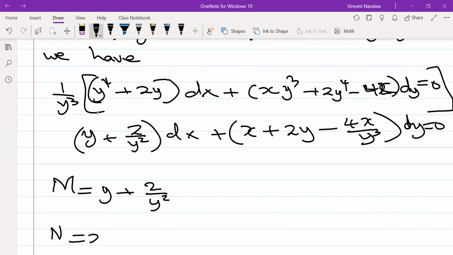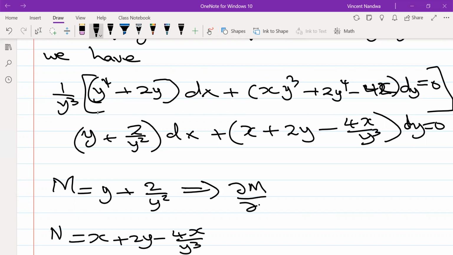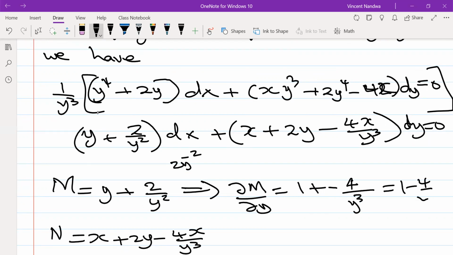Our new N is x plus 2y minus 4x over y cubed. From which partial M partial y is 1 minus, since this can be written as 2y to the power minus 2, when I differentiate I get 4y to the power minus 3. So 1 minus 4 over y cubed.